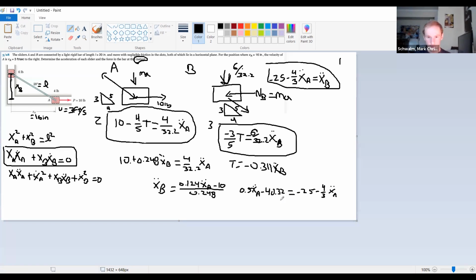Then we'll go ahead and solve this. On this side, you're going to get 1.83. We're going to move this 4 thirds x double dot a over this way, just add it to this 0.5. So 1.83 x double dot a equals, then we're going to add this over here, so we're going to get 14, or no, sorry, 15.32.